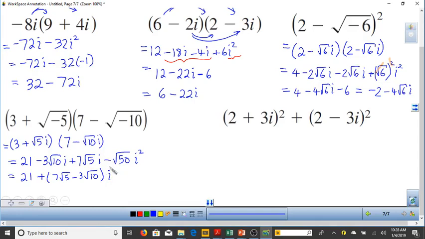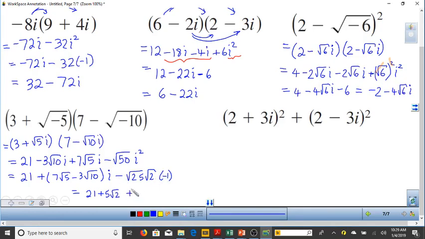And then over here, we have square root of 50, which is the square root of 25 times the square root of 2, and then times negative 1. That whole thing is going to be combined with the 21 to give you 21 plus 5 square root 2, and that becomes our real part, and it's a plus because negative times negative 1.